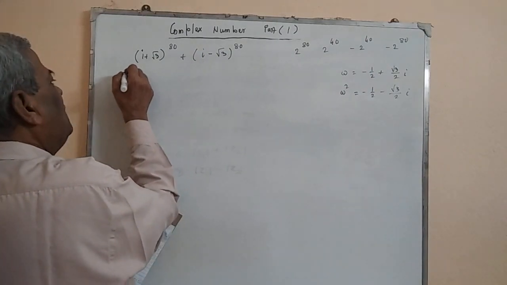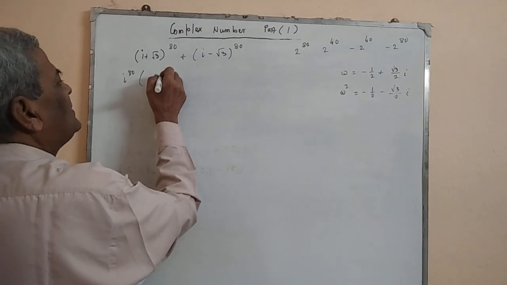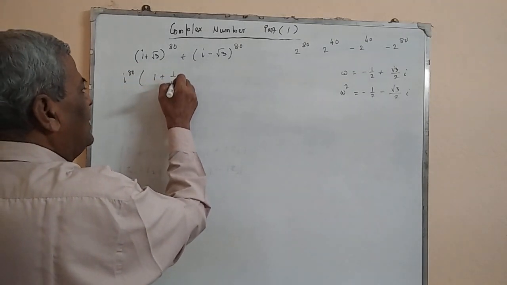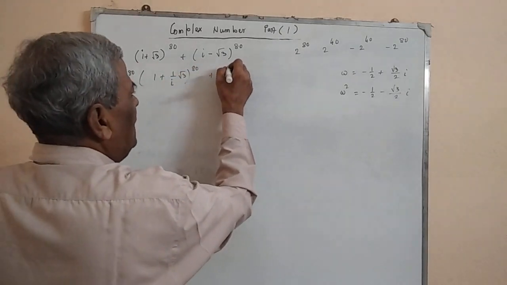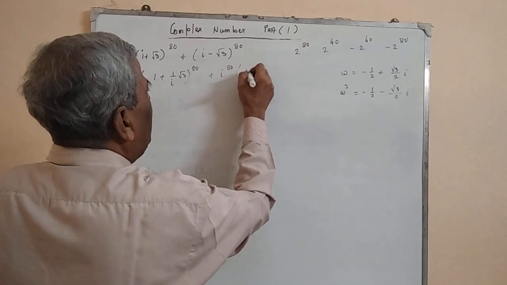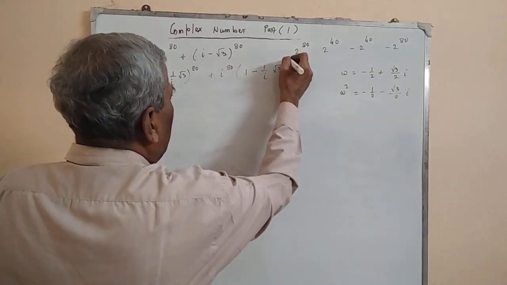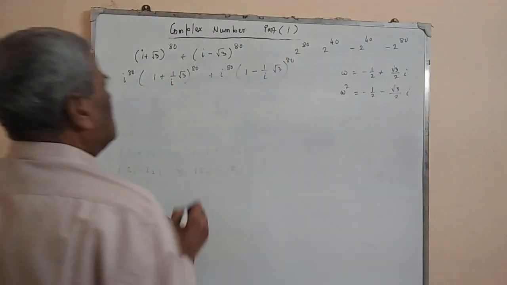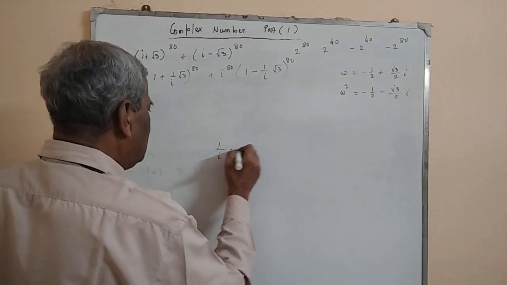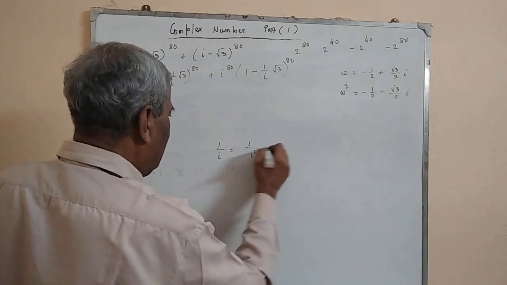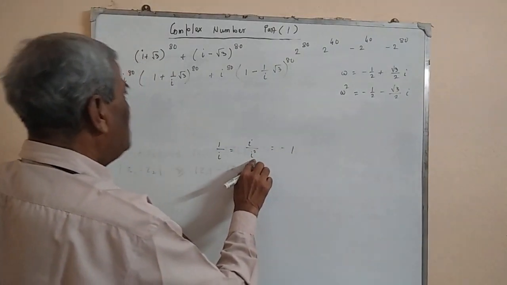So take i to the power 80 common from this and that. It is equal to i to the power 80 into (1 plus 1 by i root 3) to the power 80 plus i to the power 80 into (1 minus 1 by i root 3) to the power 80. You see, 1 upon i is i by i square, which is minus 1, since i square is minus 1.